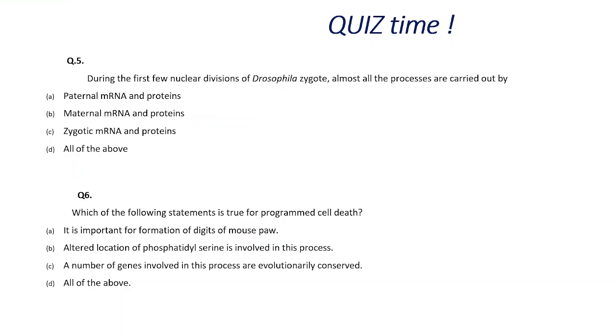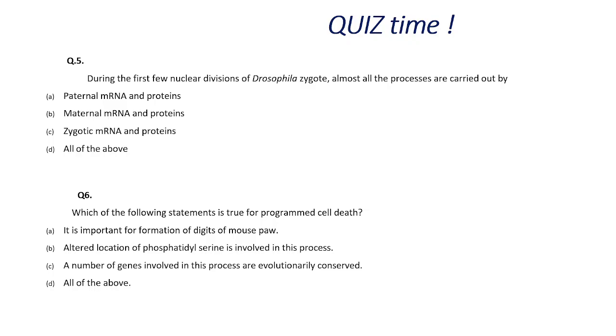Okay, so programmed cell death is a crucial process for normal development, including, as I was discussing, the formation of digits in the mouse paw by removing the tissues between them. So option A is correct.